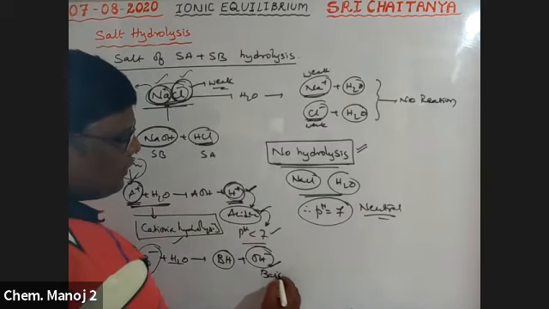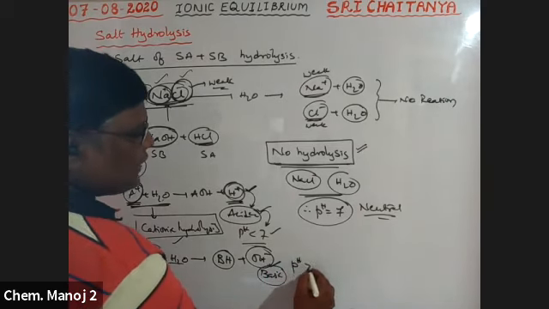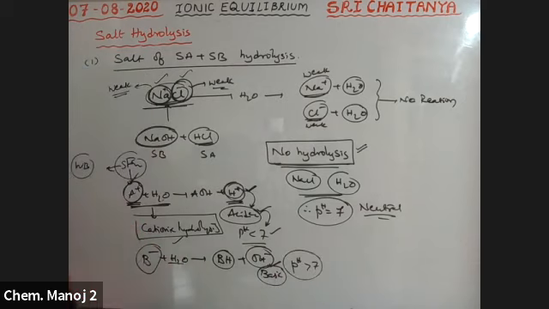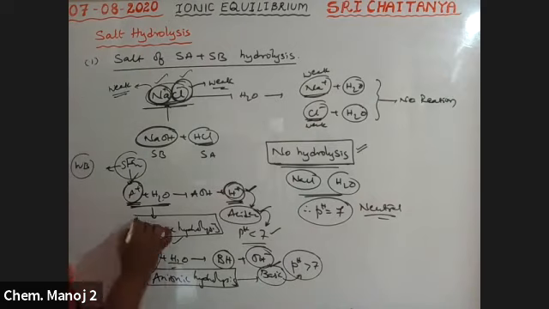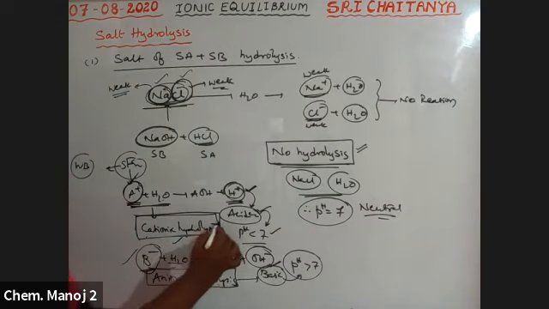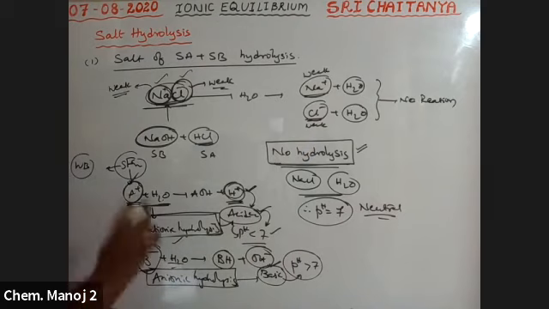Therefore, the solution is basic and pH is greater than 7. That's why it is called anionic hydrolysis. During anionic hydrolysis, the solution is basic and pH is greater than 7. During cationic hydrolysis, the solution is acidic and pH is less than 7.